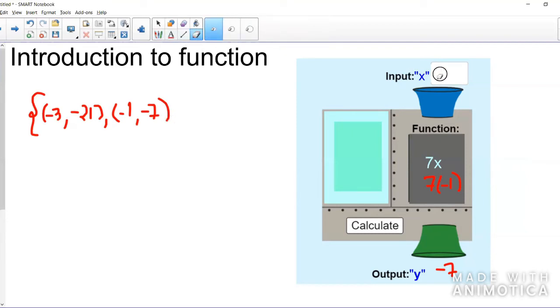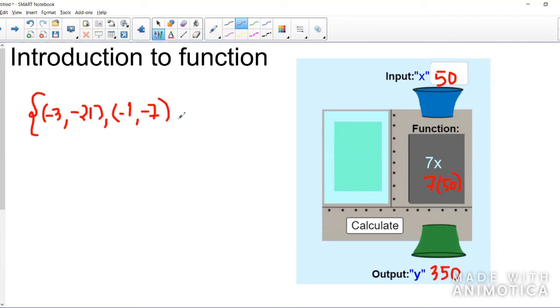Let's have one more example to this. Let's just say the input is, let's have a bigger number, 50. If the input is 50, what will be the output to that? So that will be 7x, or 7 times 50, which will be 350.